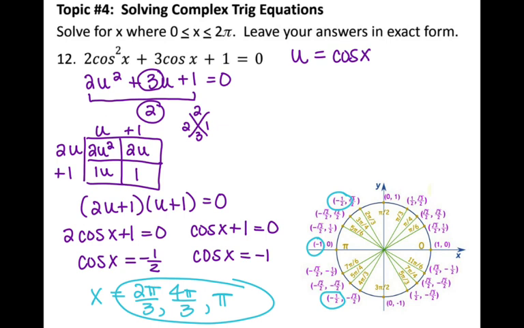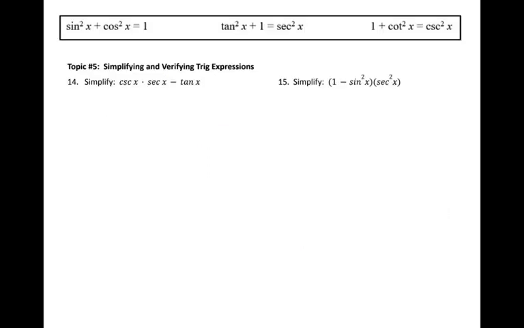All right, topic 5. Topic 5 I like to call my trig puzzles. So what we're trying to do is we are trying to simplify or verify, depending on the directions, each one of these expressions. So if I look at number 14, I see cosecant, secant, and tangent. I'm going to go ahead and switch everything in terms of sines and cosines. That way I can see what I'm really dealing with.